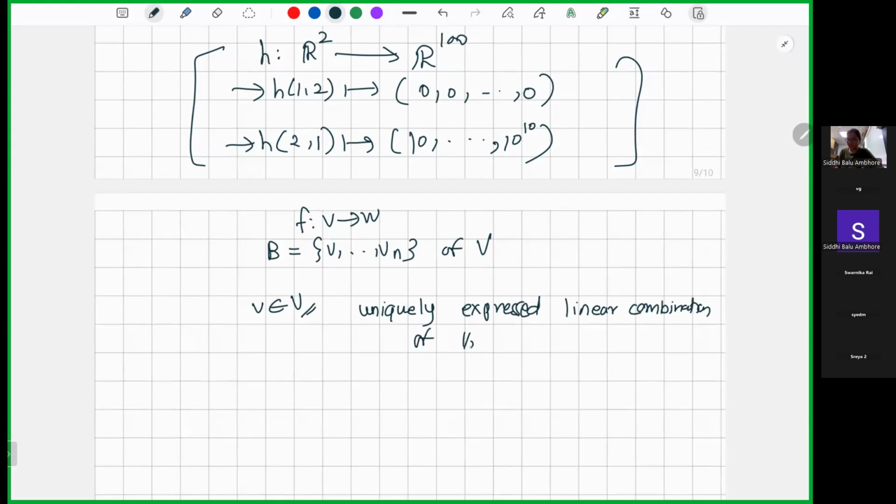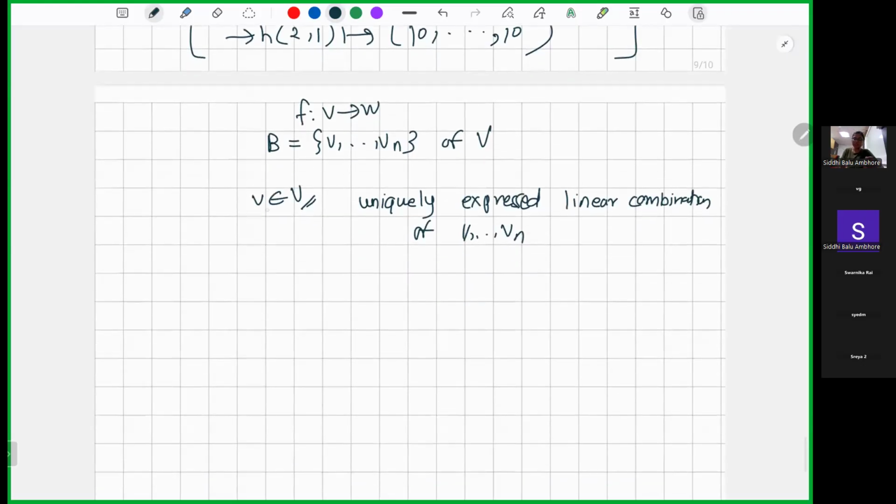And this uniqueness will fix everything, because now any v is a1 v1 plus up to an vn. And now if this f is linear and exists, and I have information about f of v1 and so on, then I have information about any given v, right?